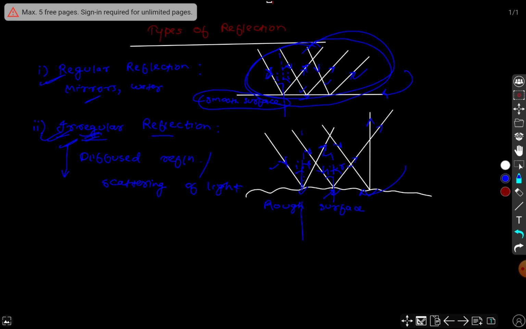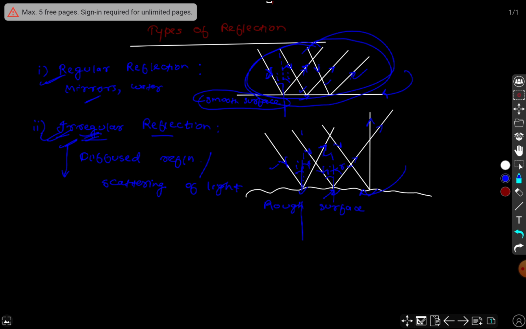Although the process of reflection is happening there, you can't see your face against the wall, because the wall is not supporting regular reflection but irregular reflection. But still there is reflection, because if there were no reflection, how would you be able to see the wall itself? So there is reflection, but that is irregular reflection.